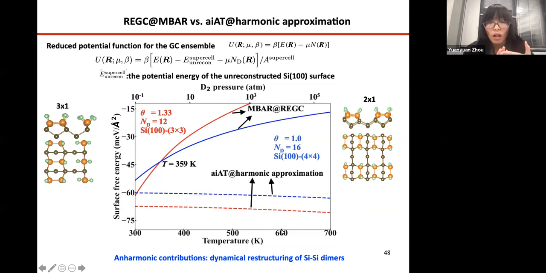So the discrepancy between the results of REGC and FHI-AT is ascribed to the anharmonic contribution, in this case in terms of dynamic restructuring of the silicon-silicon dimer bonds. This kind of surface restructuring is certainly missed in ab initio atomic thermodynamics.